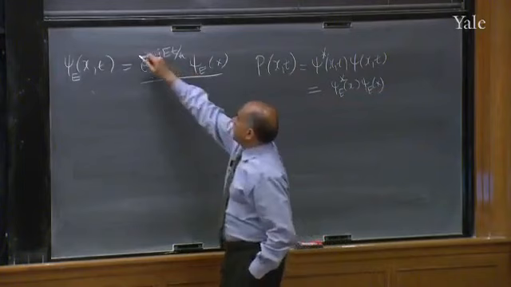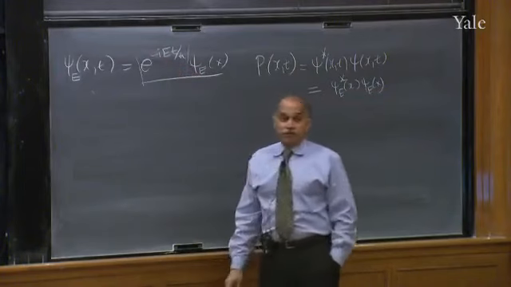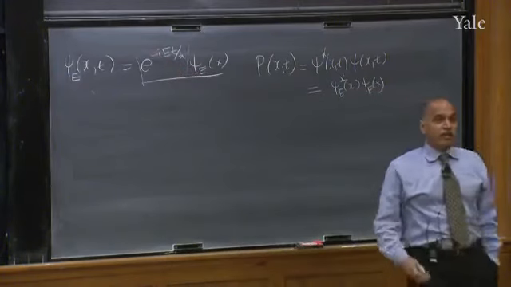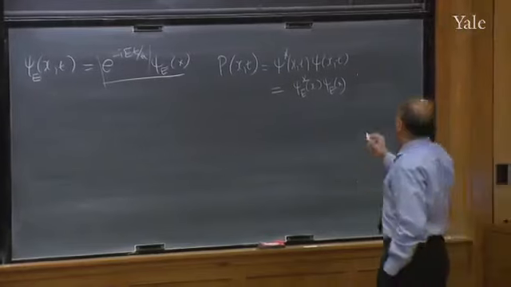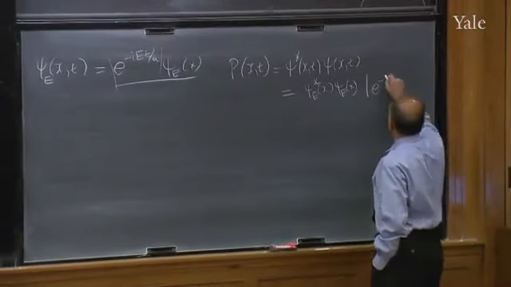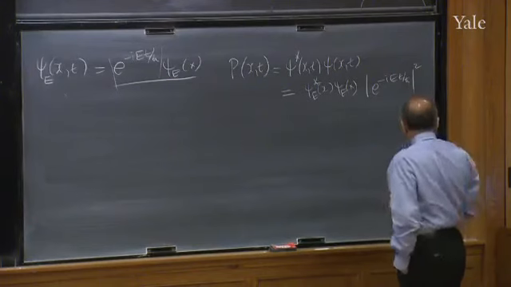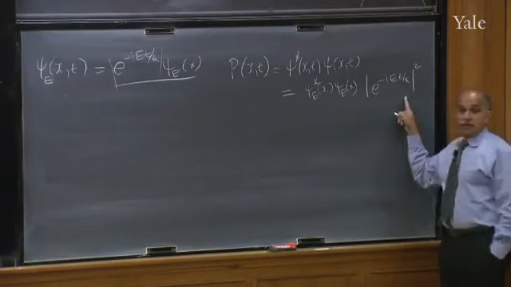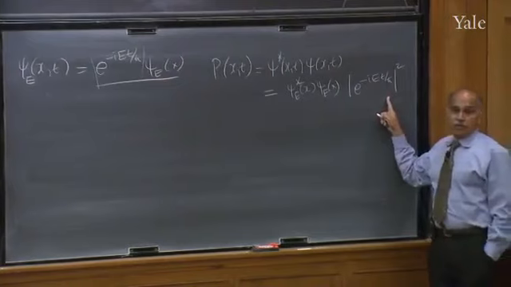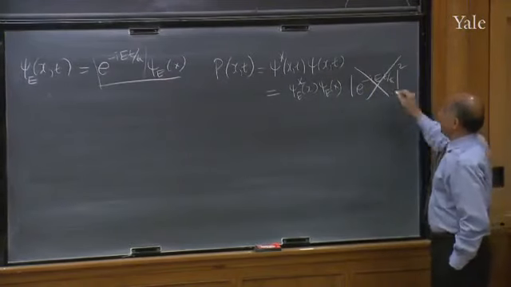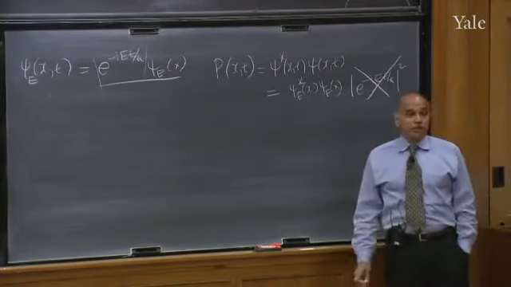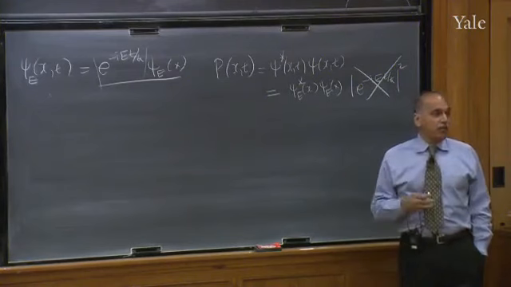Then you will get the absolute value of this guy squared, e to the iEt times e to the minus iEt, and that's just 1. I hope all of you know that e to the i theta, absolute value squared, is 1. So it does not depend on time. Even though psi depends on time, psi star psi has no time dependence.